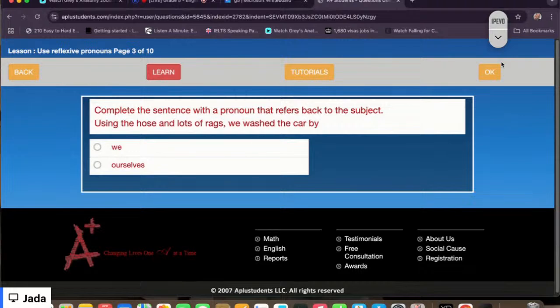Using the hose and lots of rags, we wash the car by we or by ourselves.